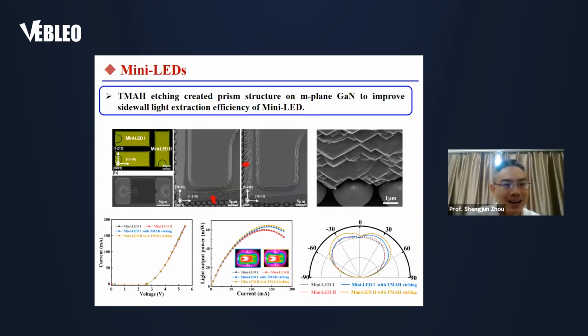TMAH, when etching, created prism structure on M-plane gallium nitride to improve light extraction of mini LED.